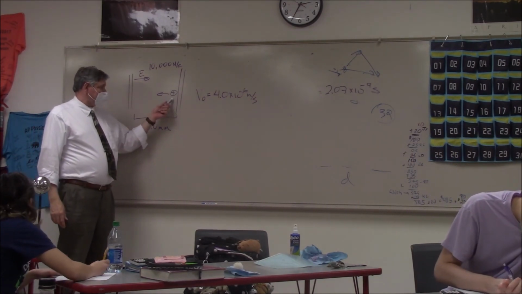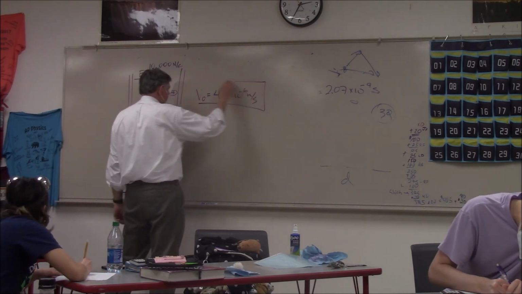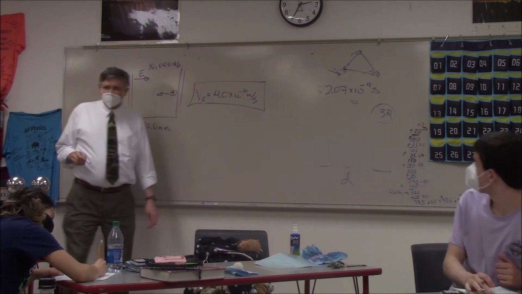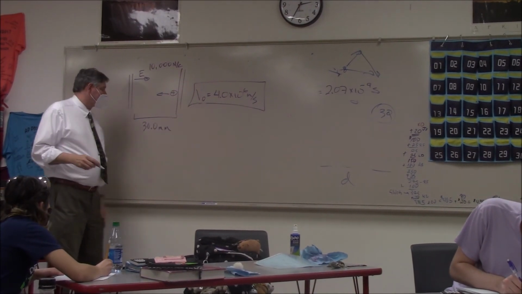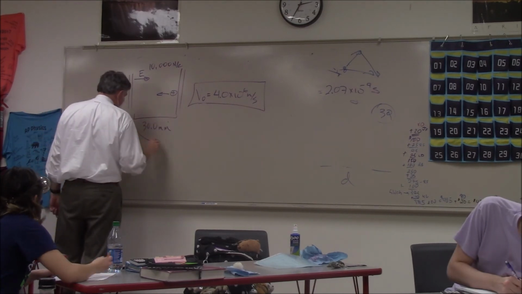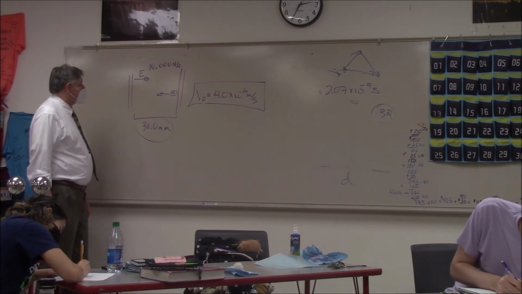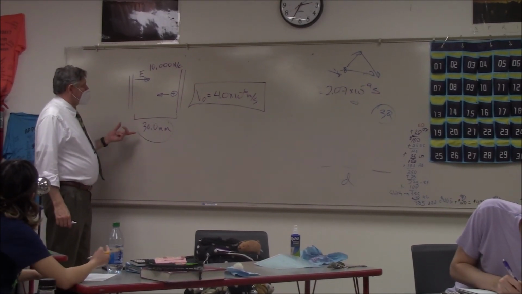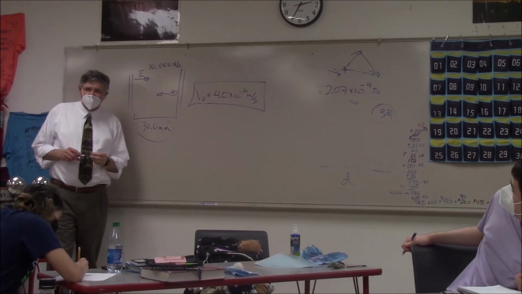I'm going to release a proton here with an initial velocity of 4.0 times 10 to the 6 meters per second. It's going to travel 30 millimeters across this plate, okay? I want to know what the velocity is when it hits over here.